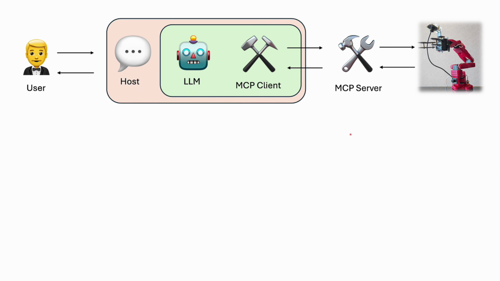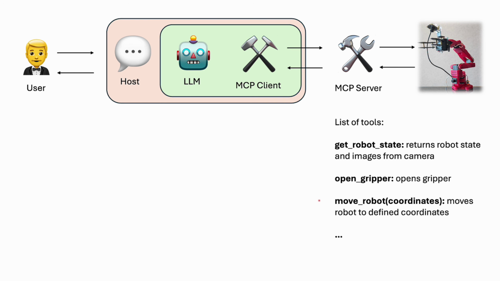And if the MCP client is implemented, then the only thing we need to do to integrate our service into the LLM and give it extra capabilities is to implement what's called an MCP Server. So an MCP Server is simply some code, in my case Python code, that implements some functionality. Again, in my case, this functionality is robot control, done in some specific format.